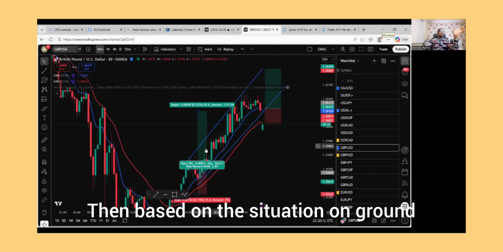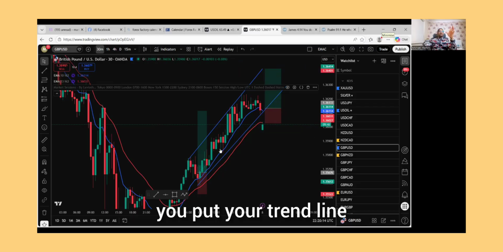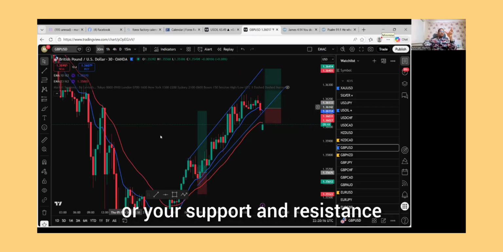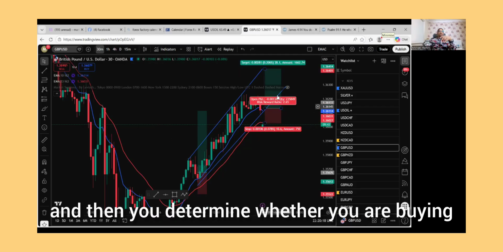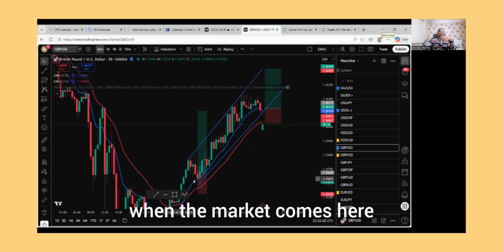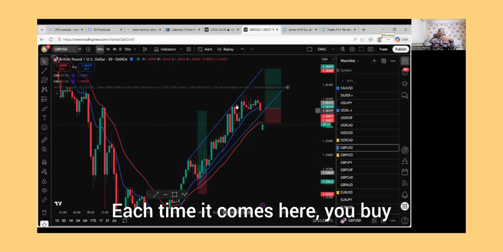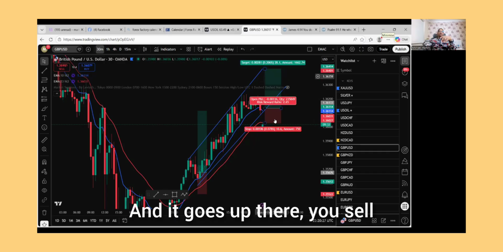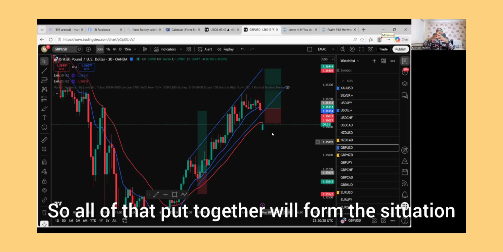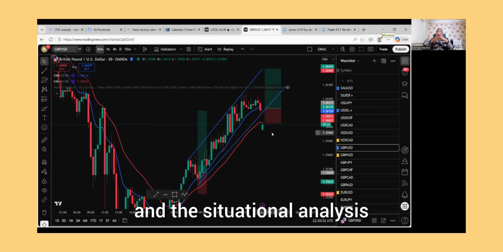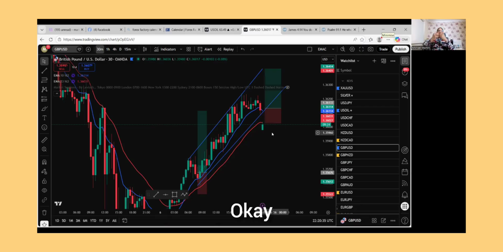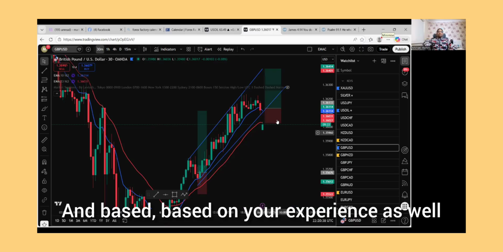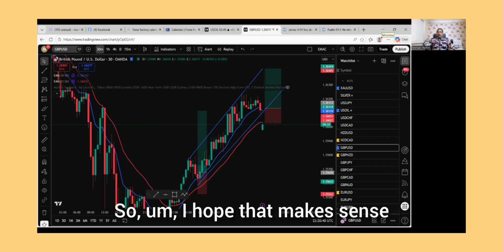Then based on the situation on the ground, you put your trend line, which is a technical analysis, or your support and resistance, and then you determine whether you are buying when the market comes here. Each time it comes there, you buy. Each time it goes up here, you sell. It comes there again, you buy, and it goes up there, you sell. So all of that put together will form the situational analysis. Okay, and based on your experience as well. Okay, so I hope that makes sense.